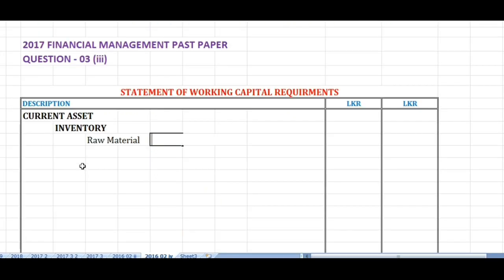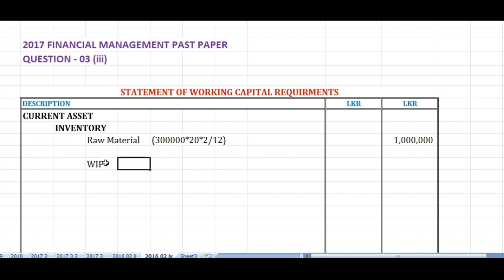Accordingly, activity level 300,000 into raw material cost per unit is 20 rupees into 2 months stock period, 2 divided by 12. So the raw material value is 1 million.